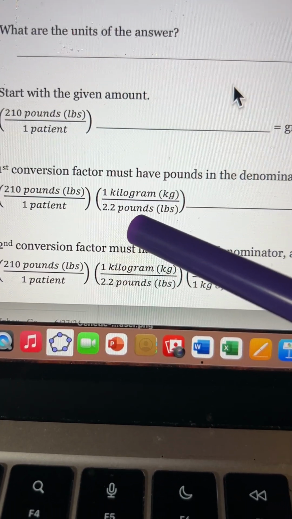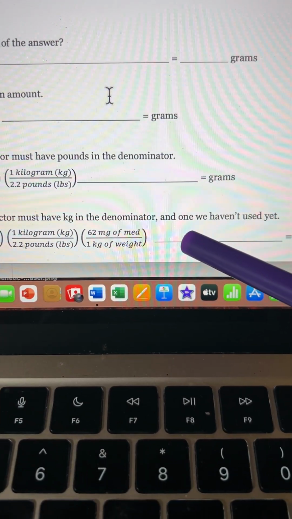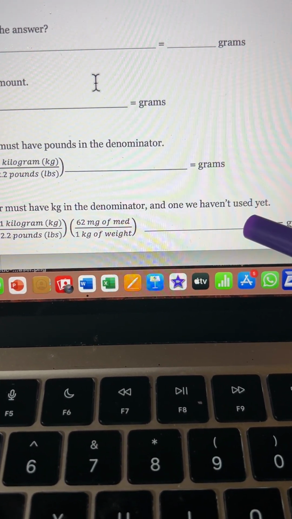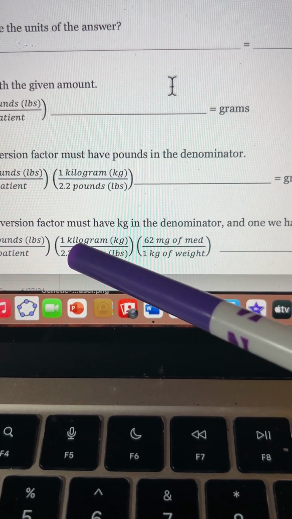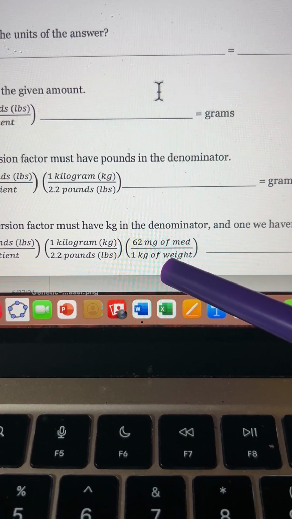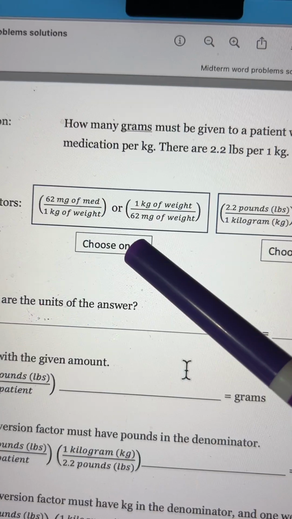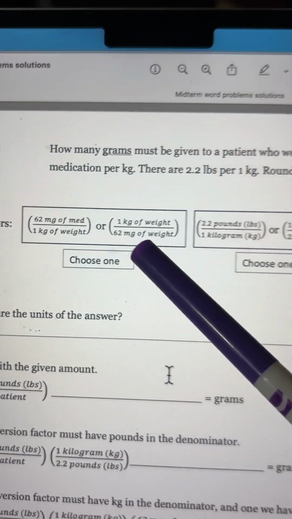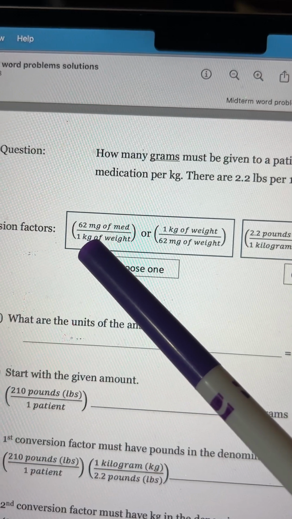So the next step, second conversion must have kilogram in the denominator and one that you haven't used. So memorize this process. Look at here, 1 kilogram on the top, 1 kilogram in the bottom. It's as straightforward as that. Now let's choose the right box. It's this box right here. We use this box already, put a check on it. And we're looking for kilogram in the bottom.